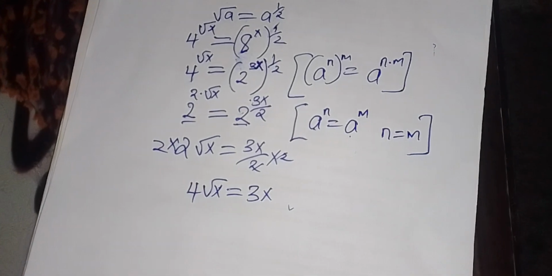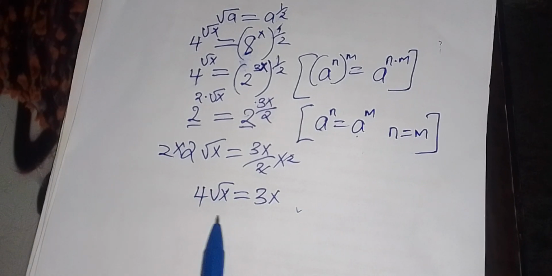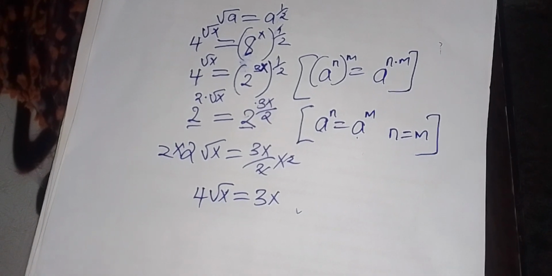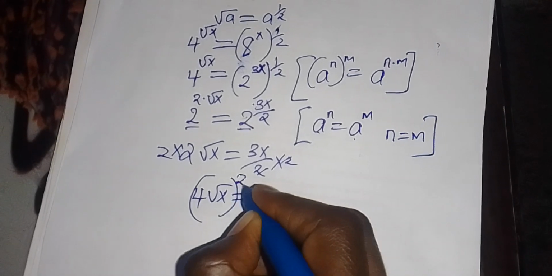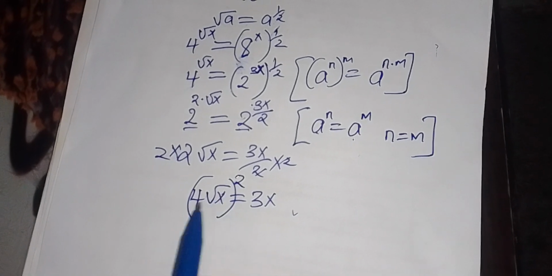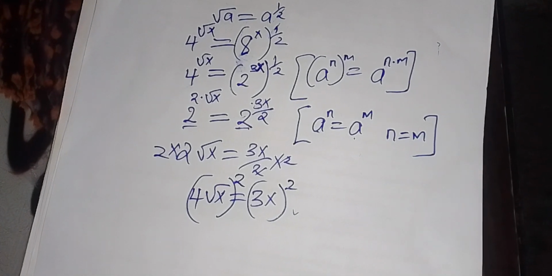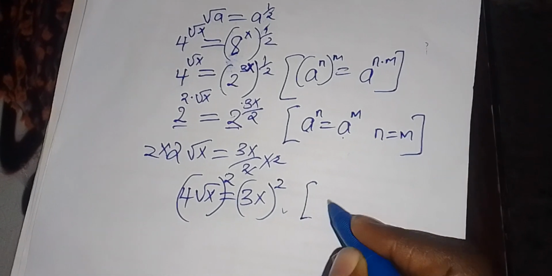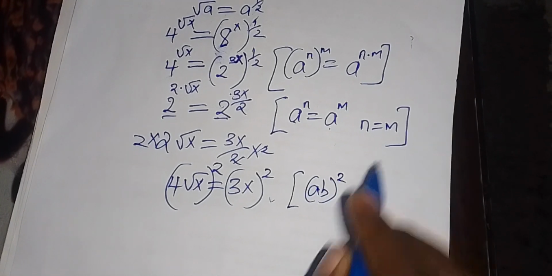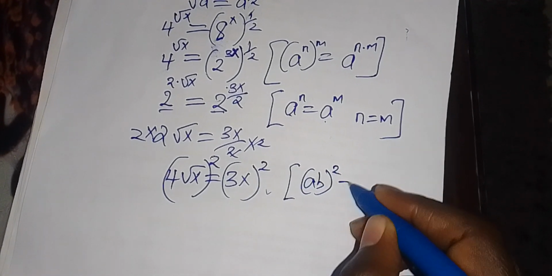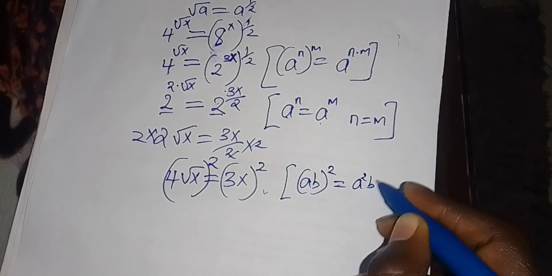Now we need to eliminate the square root sign, so we just square both sides. Remember, if you square a multiplying by b, this is the same as a squared and b squared.